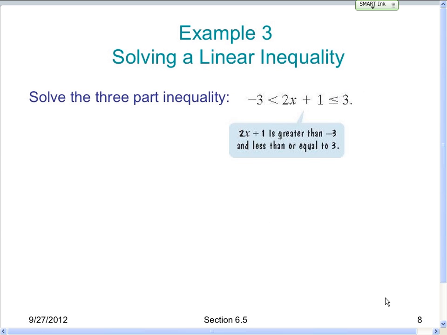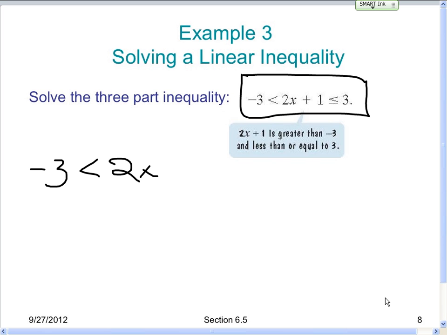Okay, this is called a three-part inequality. You solve it exactly the same, but instead of doing something in two different places, you now have to do something in three places. So I have negative 3 is less than 2x plus 1 is less than or equal to 3. You have to get the x by itself, so I need to subtract 1, but instead of doing it in two places, I have to do it in three.